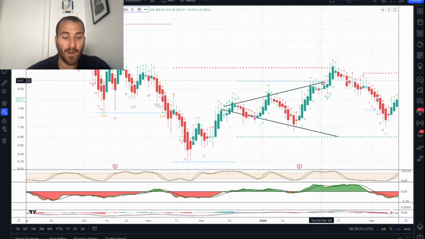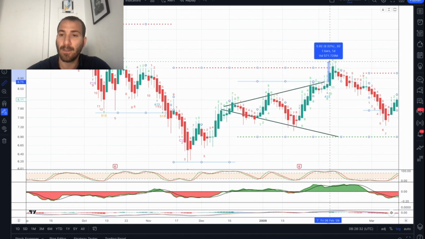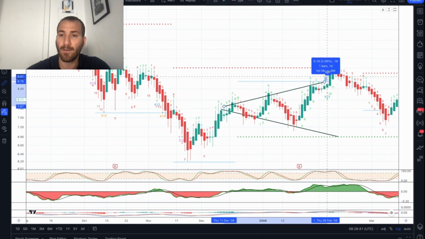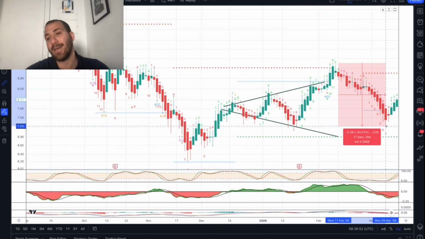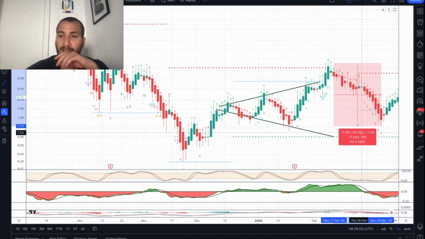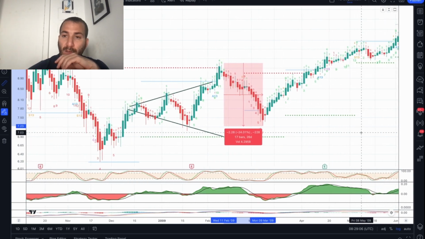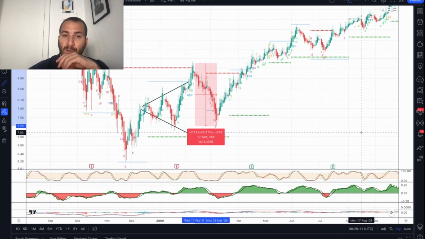Now before I show you what else happened, this essentially was a 10% increase in price, followed by about a 3 or 4 week move to the downside of 24%. And then after that, recovery was super strong. And Google just kept on going up.